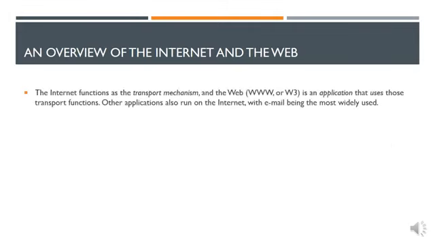The internet functions as the transport mechanism, and the web, www or W3, is an application that uses those transport functions. Other applications also run on the internet, with email being the most widely used.